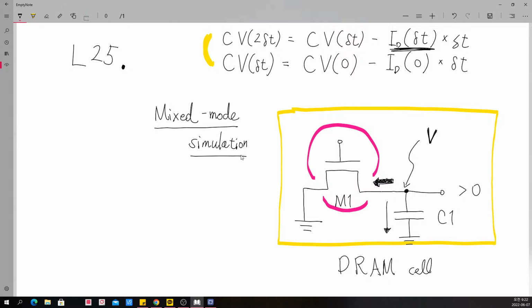Okay, if you have any question on this, then please let me know. So up to now, I just gave you the motivation why we have to consider the mixed mode simulation, and why we are not much satisfied with single device simulation.